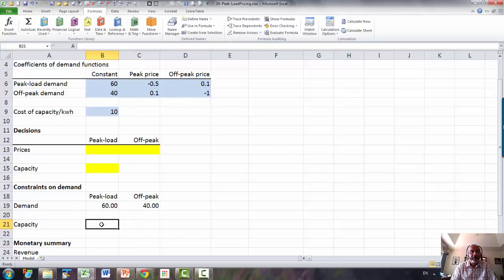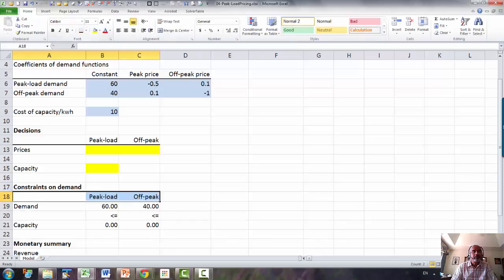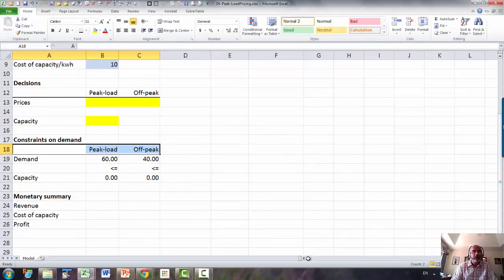Okay. Now these are the demands, and capacity is of course that, and we want to make sure that the demand doesn't exceed capacity. So we have a less than or equal to constraint for the demand. Okay.